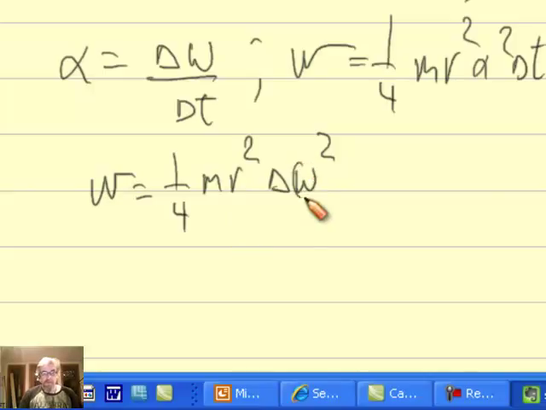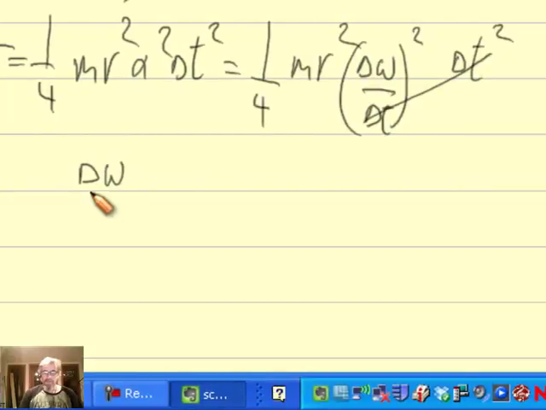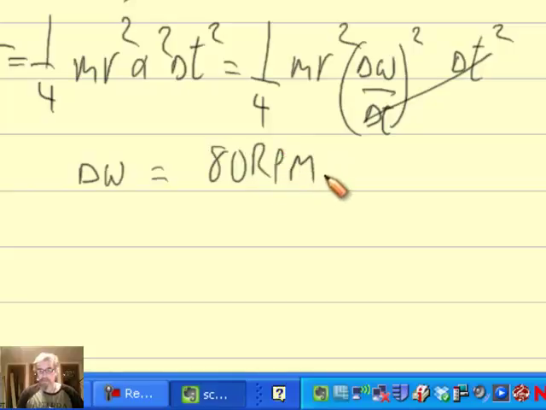The first thing we've got to do is figure out what delta omega is. Radius and mass are given to us, and so that'll be the easy part. So let's find out what is delta omega. Well, the thing started out at rest, and it ended up going 80 RPM. So delta omega is 80 RPM minus no RPMs. So 80 RPMs.